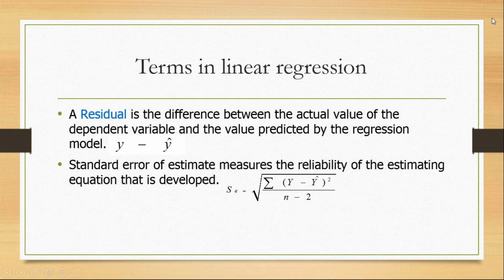Okay, so for the degree of freedom, as I've said, it is simple linear regression. I'm considering only one independent variable. In that case, my equation will be n minus 2. Suppose I have more than one independent variable, say k independent variables. Then my equation will be n minus (k plus 1).